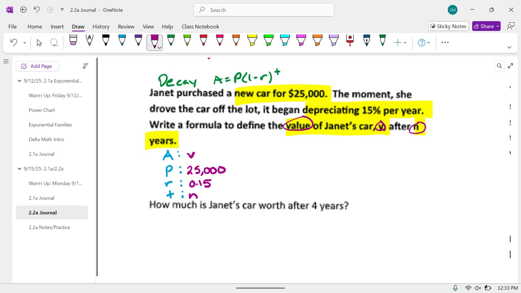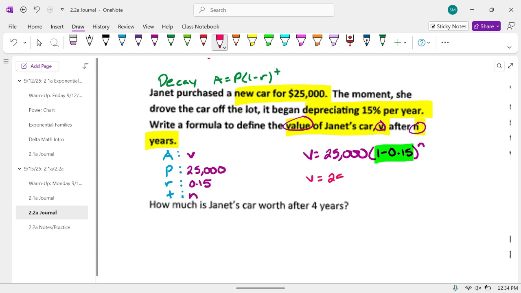So if I take this and plug it back into my formula, I get V is equal to 25,000 times 1 minus 0.15 raised to the n power. Once again, I'm going to simplify what I have right here. Just go ahead and do the subtraction to save some time.